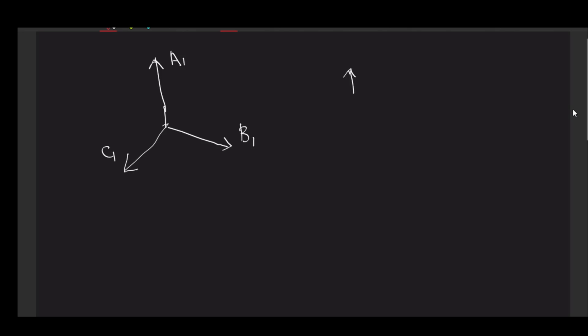Or another positive sequence is A7. Obviously you can get all the positive sequence harmonics by keeping on cumulatively adding 6 to your fundamental, and you will get all the orders of positive sequence harmonics like 1, 7, 13, 19, 25, 31, all are positive sequence harmonics.